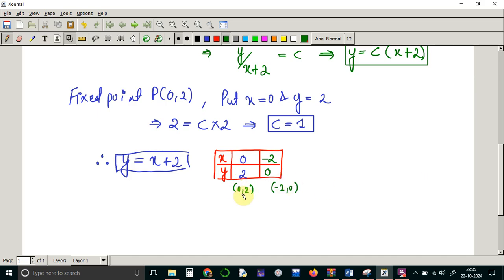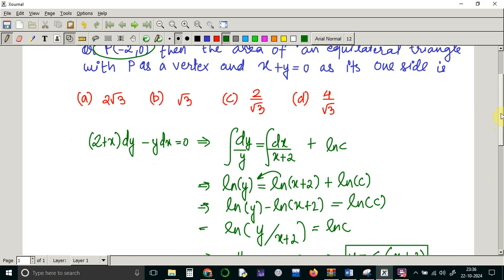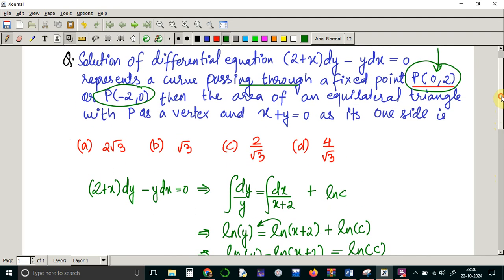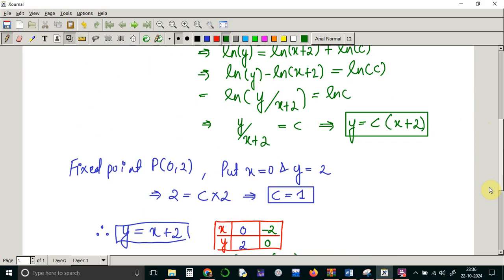So these are the two fixed points in the given question. Now what we have to do is imagine the solution of this differential equation, which is given by y equals x plus 2, this line, and this fixed point. So let's observe these three things on a graph paper.